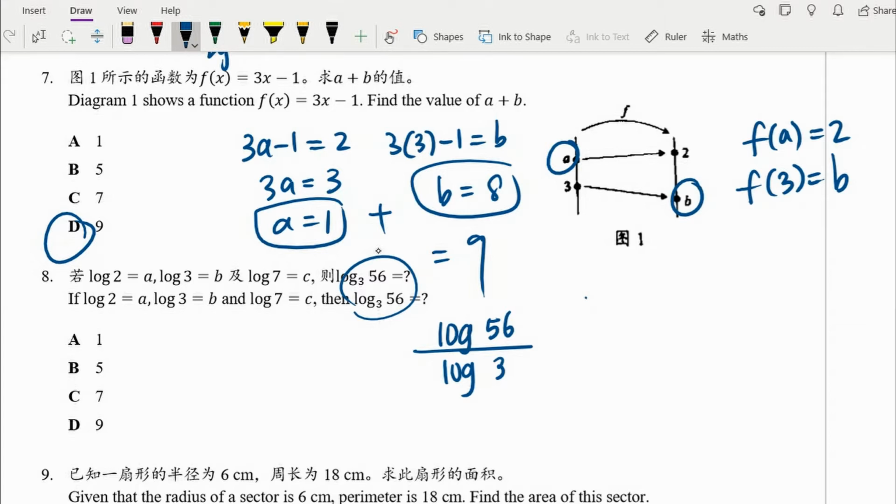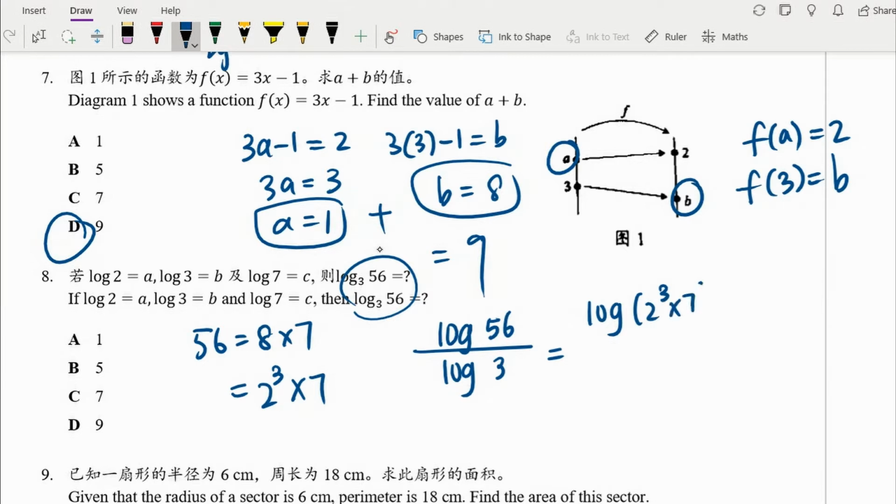56 is actually 8 times 7. What is 8? 8 is 2 raised to the third power. So you can write this as log of 2 cubed times 7, over log 3.